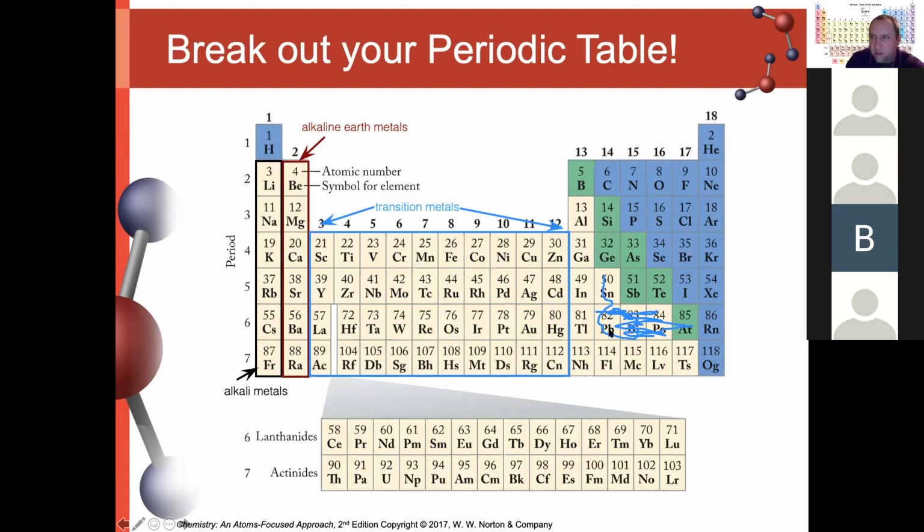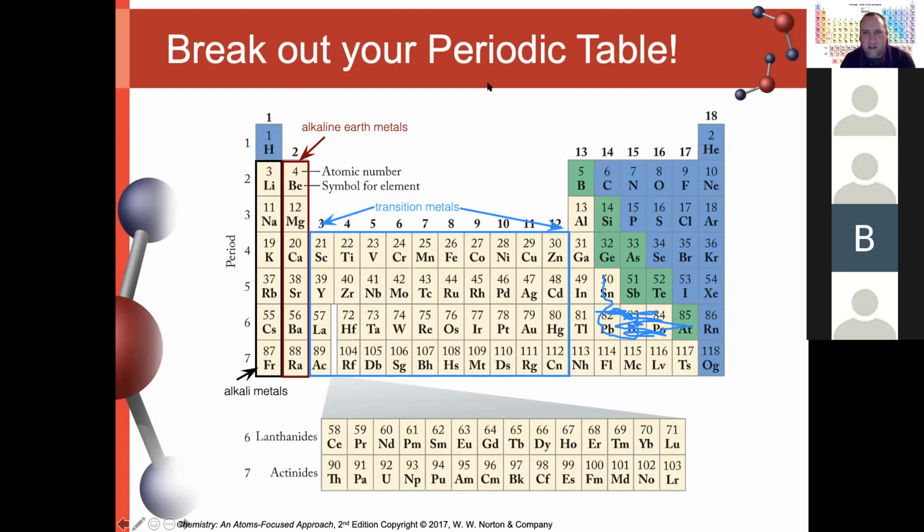Tin and lead, for example, are well known for having variable charge. Whereas even with gallium and indium and thallium, they tend to focus mostly on +3 charge. You might see them with a +1 charge, but it's a lot more rare. So that's a little bit less common of a trait.